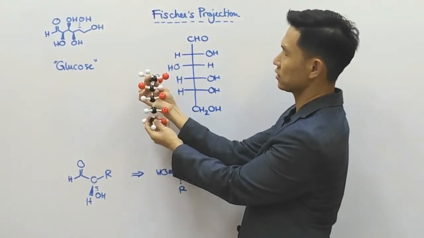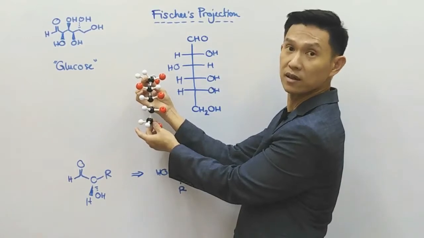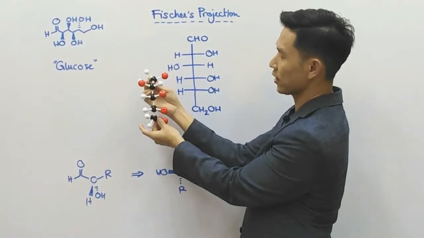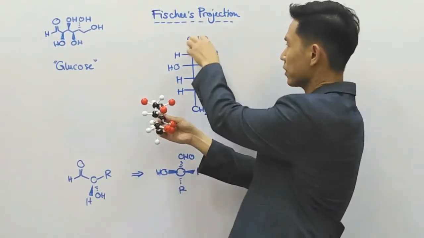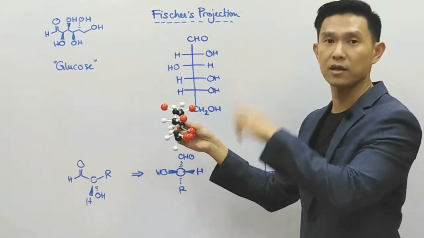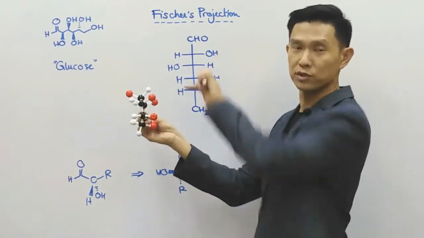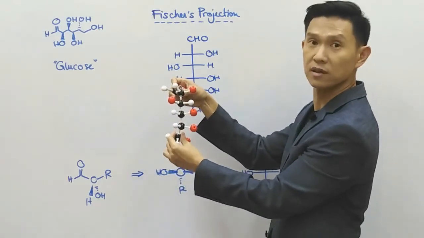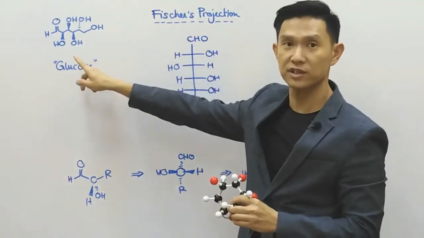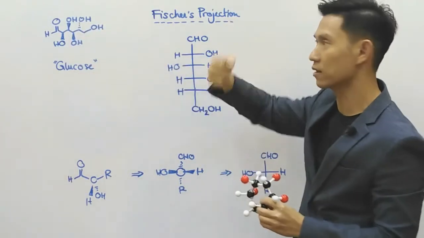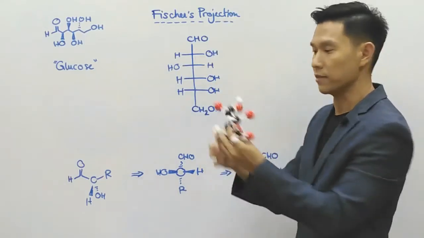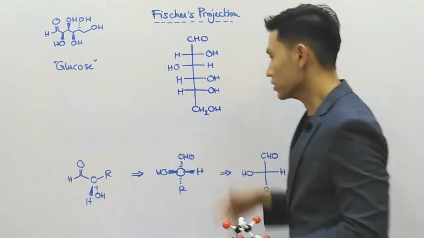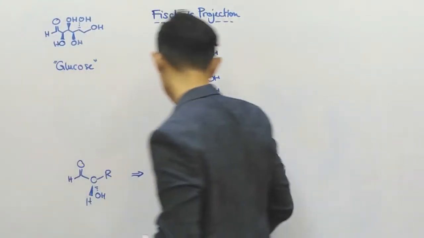So this is the Fischer projection of your glucose. If I make every single carbon atom in the vertical line point outward, your glucose molecule is curved back like this. It's by the rules of Fischer projections. So it's different from the zigzag pointing up, down, up, down, but this is pointing in the same direction, and the molecule curves to the back. This is the Fischer projection of your glucose.